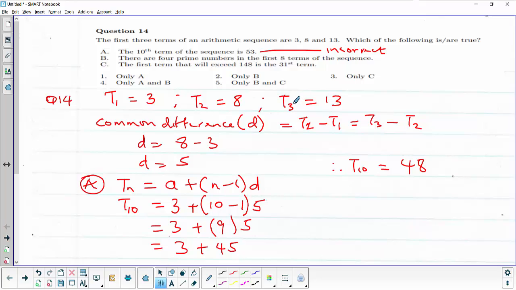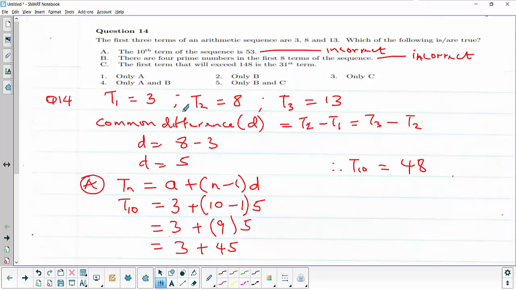Remember, we got 3, which is 3, 13, and 23. So we can now conclude that this is an incorrect statement as well. Incorrect. Now we are only left with C. So the first term that exceeds 148 is the 31st term.